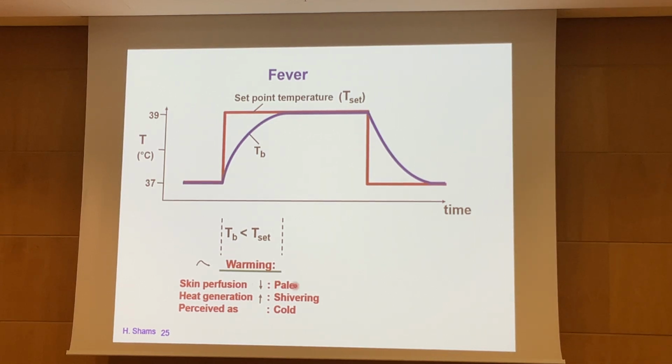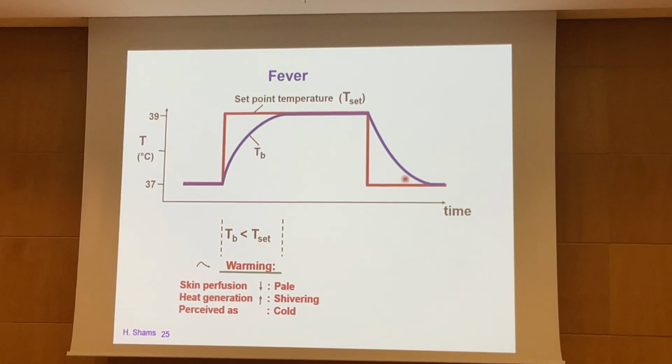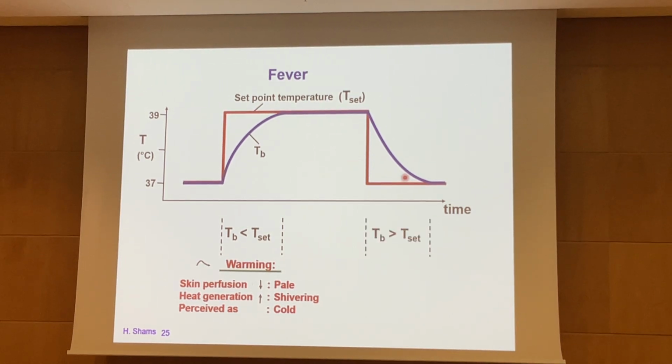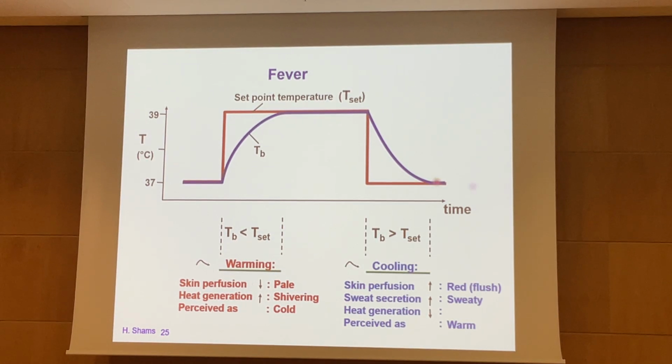Then at the falling phase of the fever, let's say you give antibiotics, the fever is gone, and then the set point temperature is returned back to 37. And now the body should cool down from 39 to 37. What happens during cooling down? Skin perfusion must increase. You have a red flush.